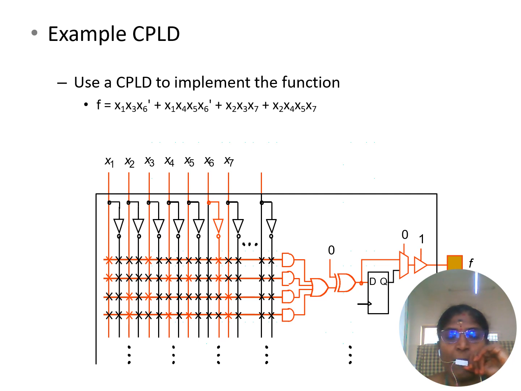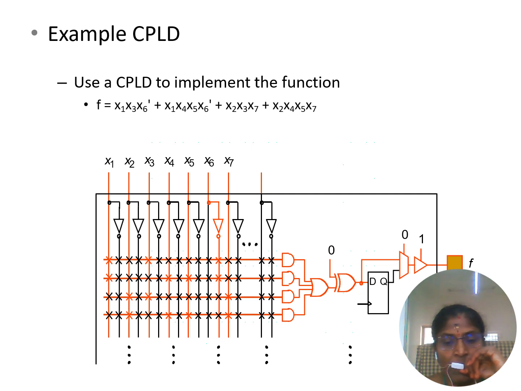So totally the maximum number of inputs is 7. The inputs are x1 to x7. All the 7 inputs have a direct line. The direct line is represented in orange color, and the black color represents the inverted line.